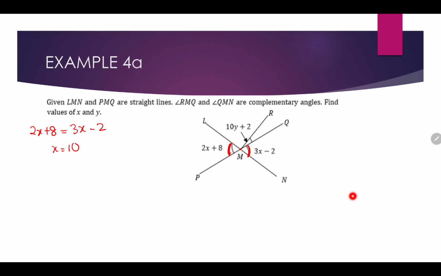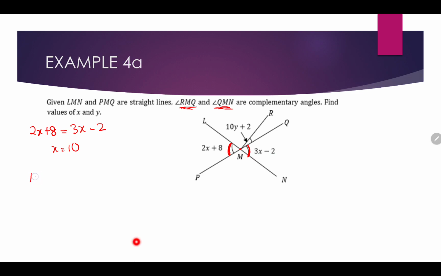Okay, and then how to find the value of y? Okay, from the hint given here, these two angles are complementary, so meaning that the total of these two angles equals 90 degrees.